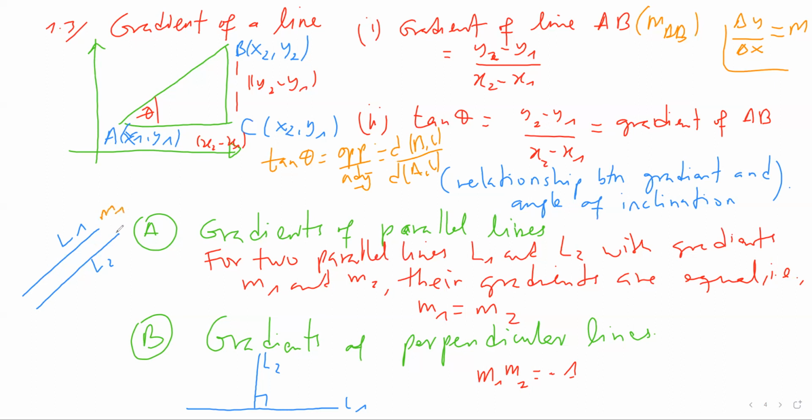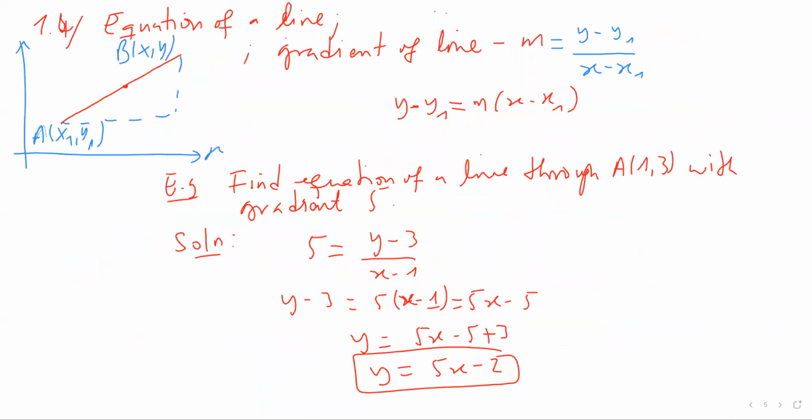So if you have gradients M1 and M2 for lines L1 and L2, then we say that M1 is equal to M2. And if we have perpendicular lines, it means that line 1 makes a 90-degree angle with line 2. If you have such lines, then we say that the product of their gradients is equal to -1. The product of the gradients of perpendicular lines gives us -1.